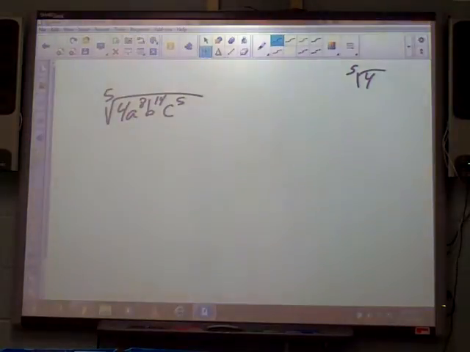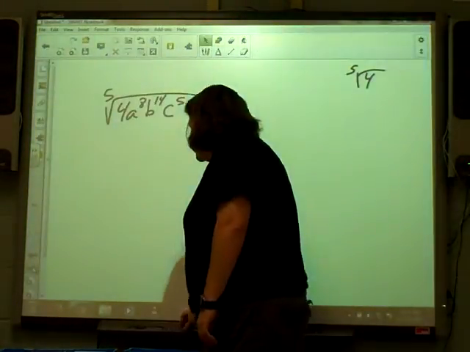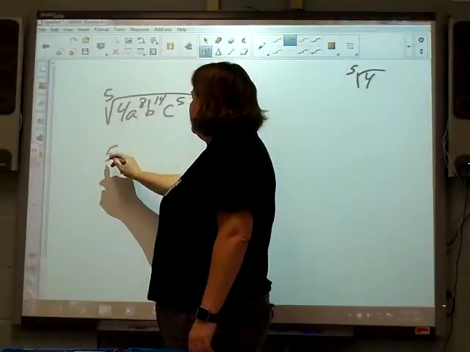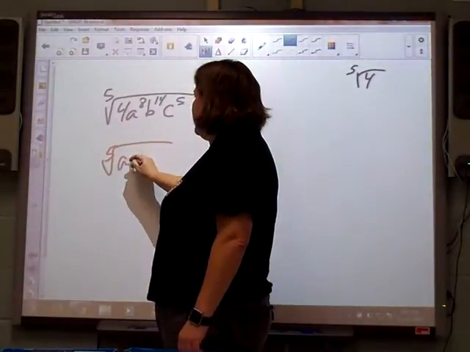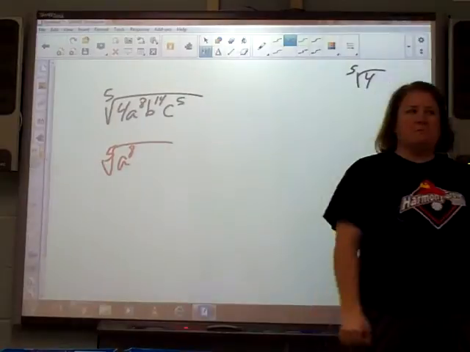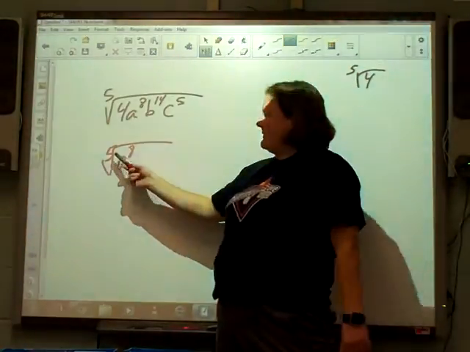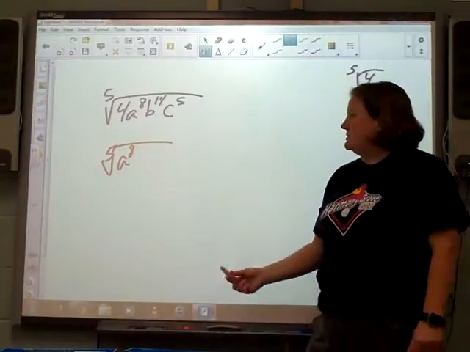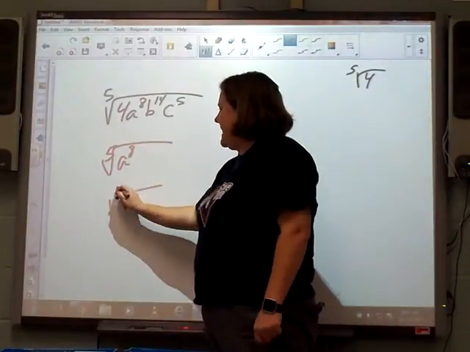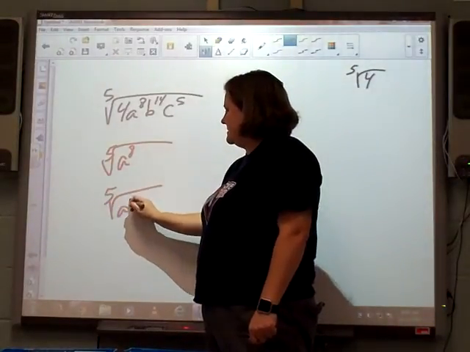Now I'm moving on to the a. I'm going to go one variable at a time. What is the 5th root of a to the 8th? This one doesn't divide evenly. I can't do that trick. I can't say 8 divided by 5. So I'm going to have to break a to the 8th down into fifths.